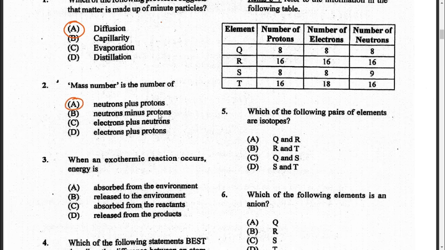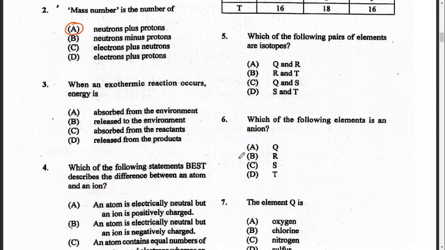That's A. Question 3. When an exothermic reaction occurs, energy is A, absorbed from the environment, B, released to the environment, C, absorbed from the reactants, or D, released from the products. Exothermic is heat given off to the environment. And how do you know?